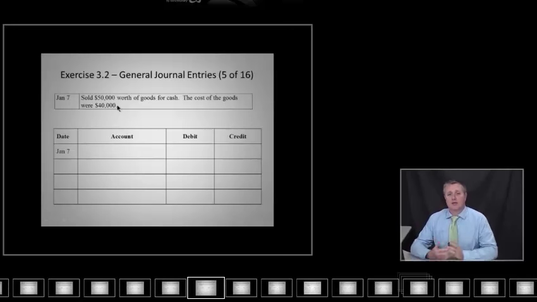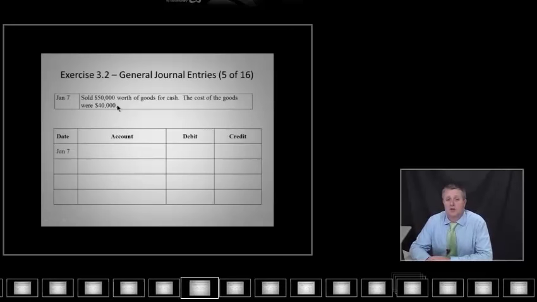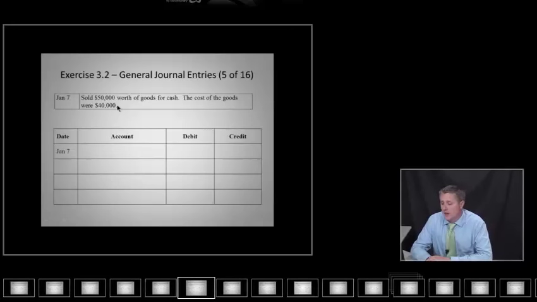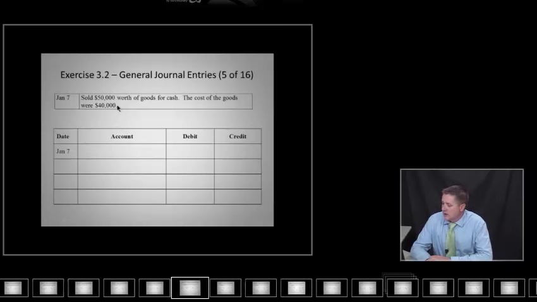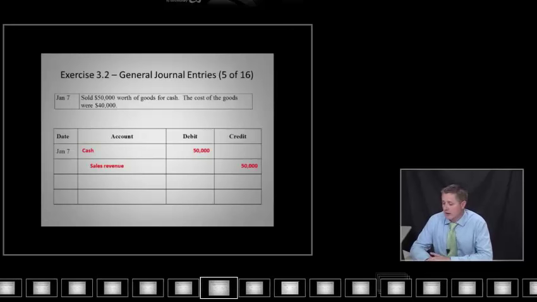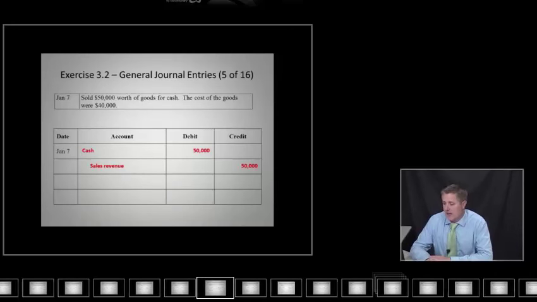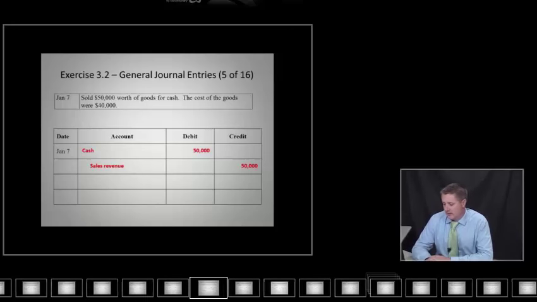Anytime we sell our inventory in the ordinary course of business, there are two components to the journal entry. The first component is the revenue recognition component. We're going to recognize sales revenue of $50,000. We would credit sales revenue and debit cash because this is a cash sale for $50,000.